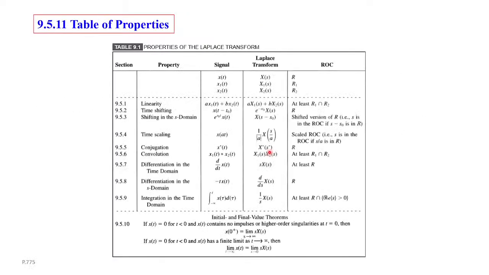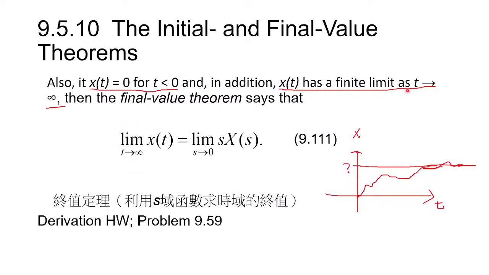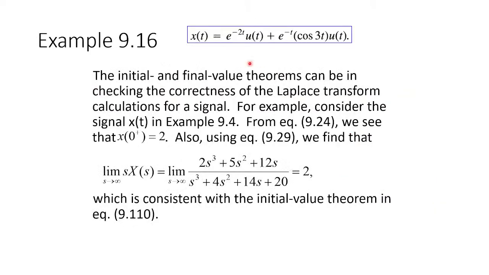Okay, we have 10 more minutes, and let's see, can we also do the final value theorem here? Yeah, I think we can, but it's a little boring. So for the final value theorem, when t goes to infinity, you get exponential decay, so the final value is 0 here.